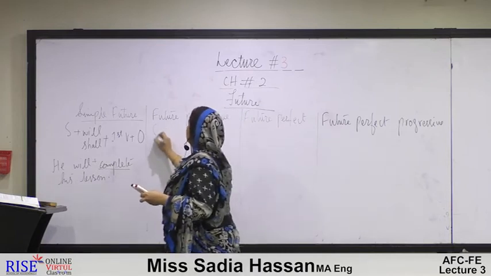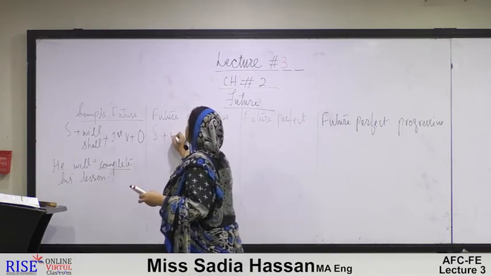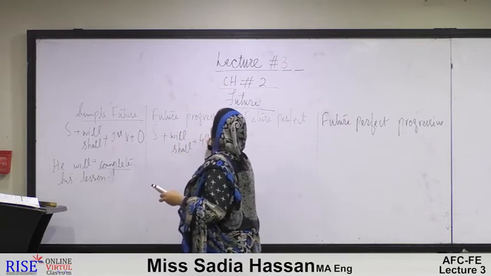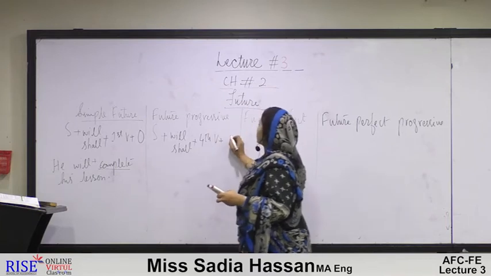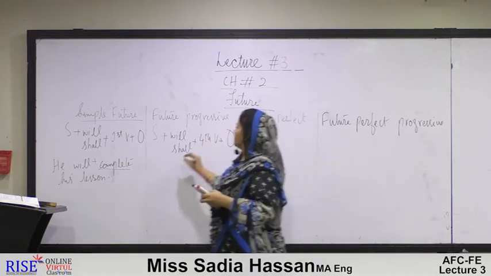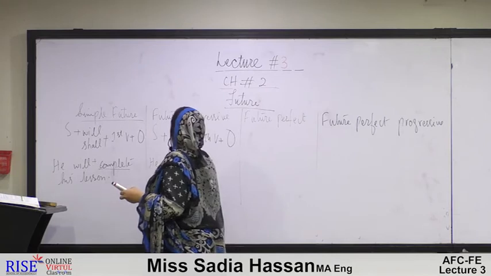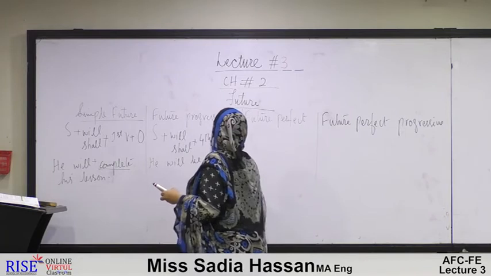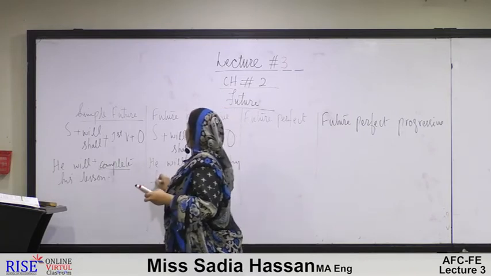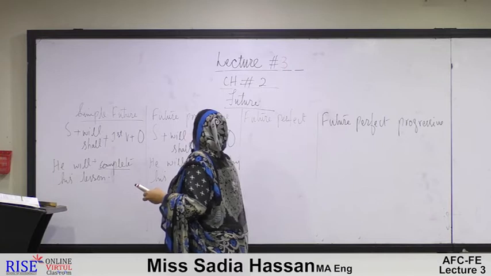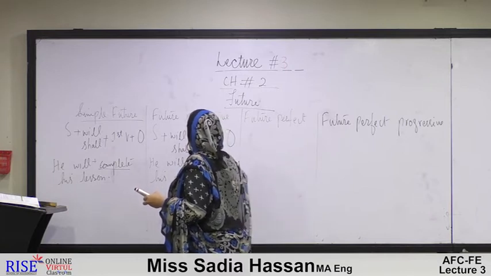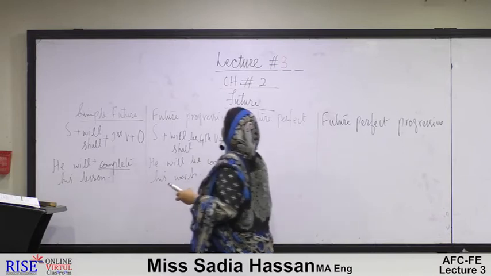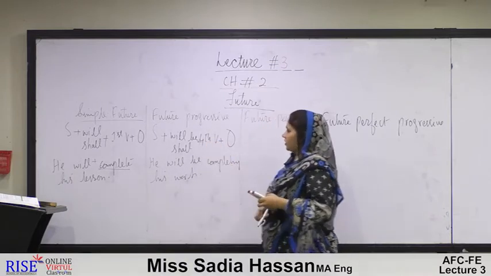Number 2, future progressive. Subject plus will, shall, again fourth verb form, which is known as present participle, and object. He will be completing his work. Here shall and will are used with the addition of be in this construction.